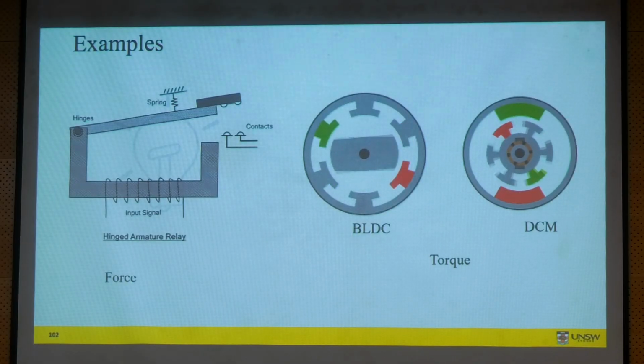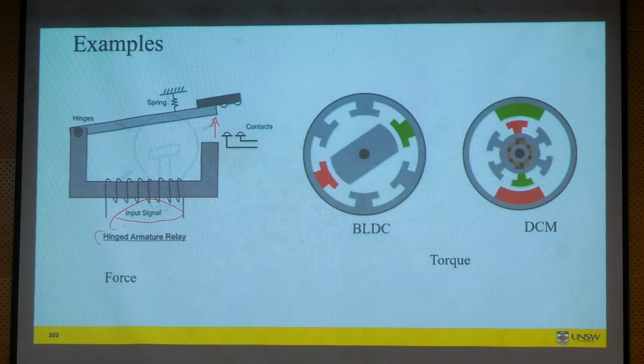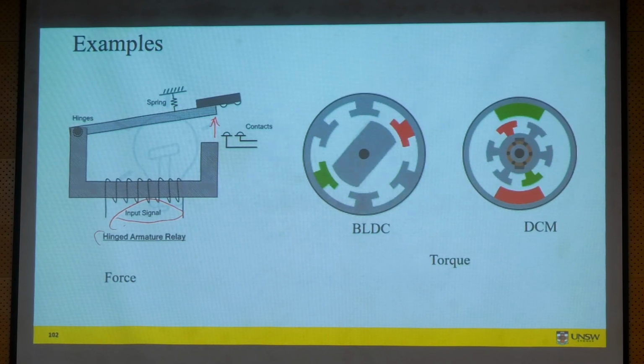This conversion we can see in a very simple device such as a relay, even. In a relay, we have a linear movement, so it's a mechanical force which has been converted from electrical energy. Whereas in the case of a motor, it is your electrical energy input in the stator in the case of an AC motor, and in the case of a DC motor, electrical energy input into the armature or rotor.